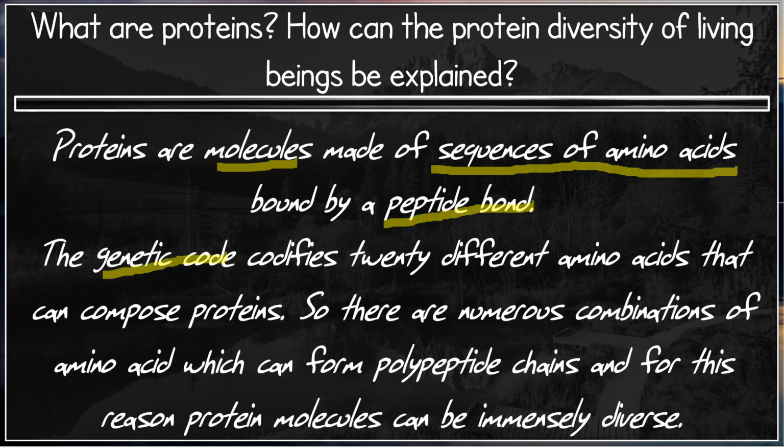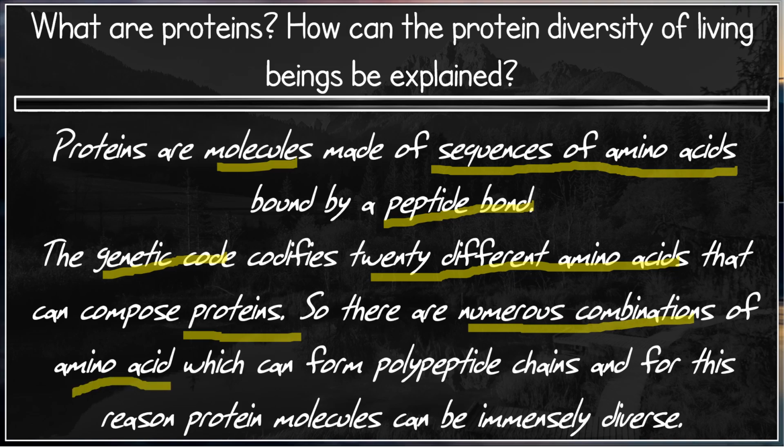The genetic code codifies 20 different amino acids that compose proteins. So there are numerous combinations of amino acids which can form polypeptide chains, and for this reason, protein molecules can be immensely diverse.